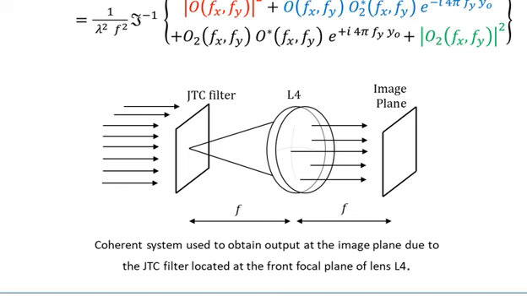Coherent system used to obtain output at the image plane due to the JTC filter located at the front focal plane of the lens L4.